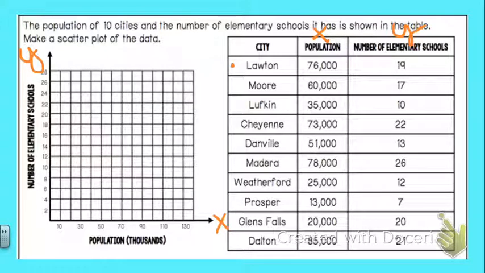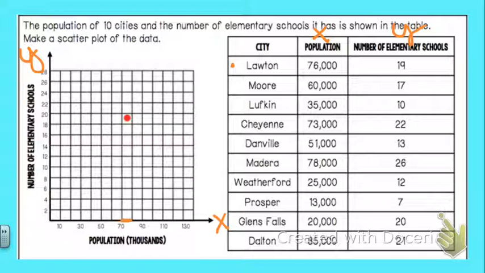It's going to be in between here and here. So it's probably going to be just a little bit over from the center. So we have 76,000 people and we have 19 elementary schools. So I'm going to go up the center and I'm going to label it right in between 18 and 20, which will be right here.